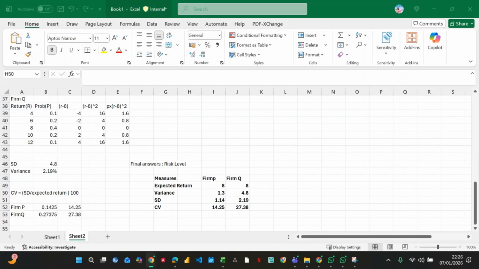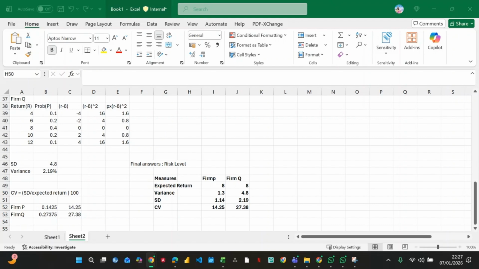So which one has the highest standard deviation? Firm Q. Perfect. So if you want to interpret this, Q is risky, because 29.19 is greater than 1.4.